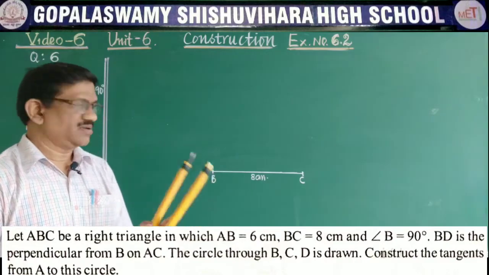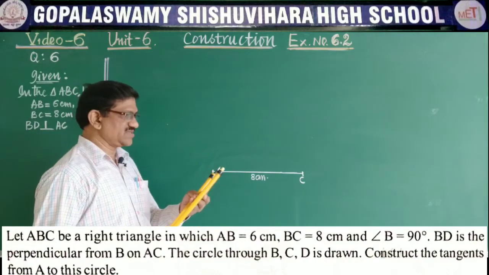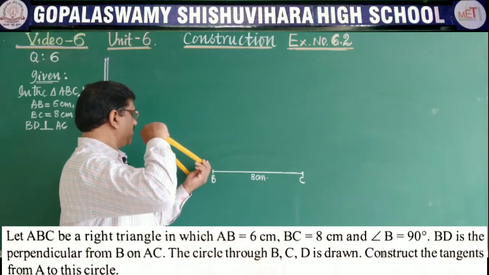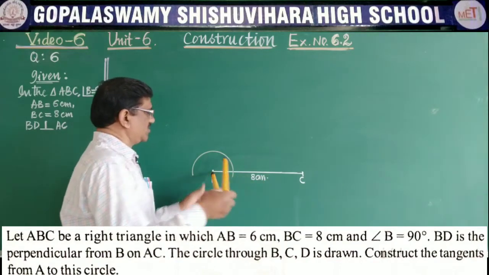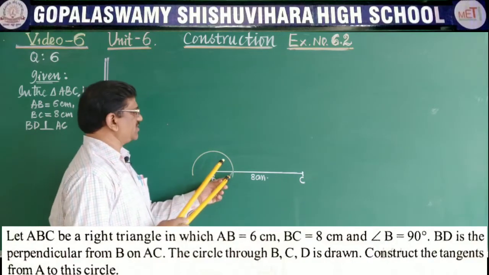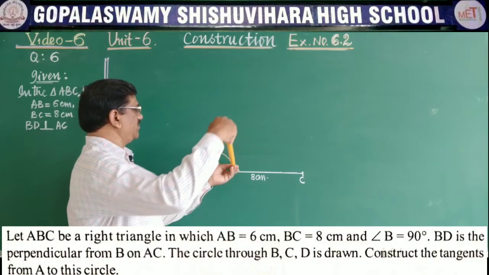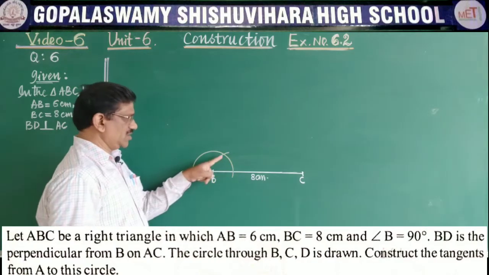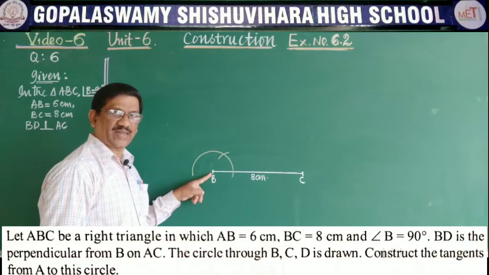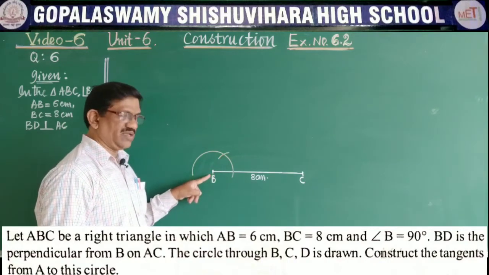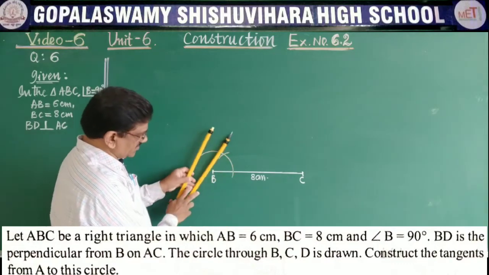So taking a convenient scale with B as a center, draw a semicircle. Okay. So with the same radius, with this point as a center, if you cut the semicircle, that makes 60 degree with B. If you join this point of intersection with B, that makes 60 degree.